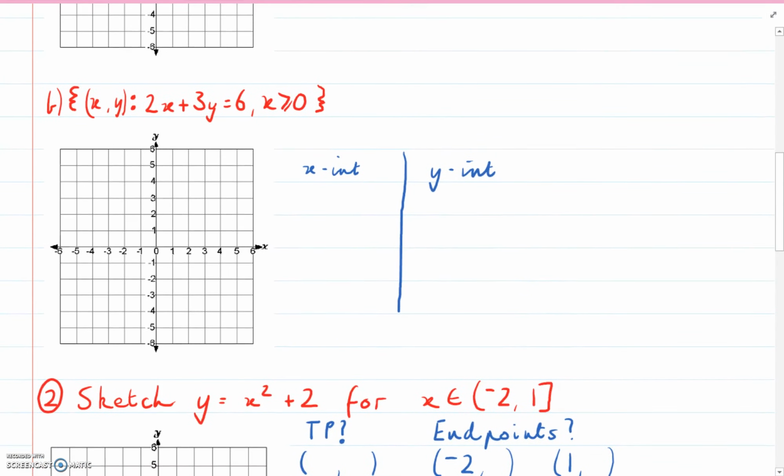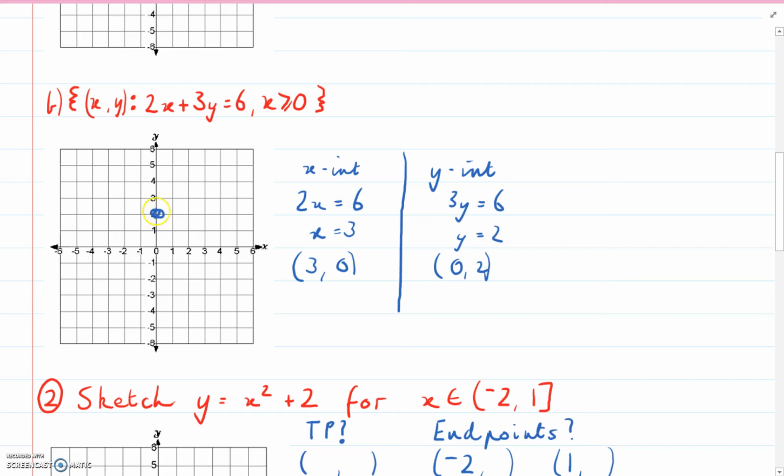This question, we're looking at when 2x plus 3y equals 6, when x is greater than 0. Let's just find our x-intercept quickly. So 3 and 0. And y-intercept is going to be 3y equals 6.